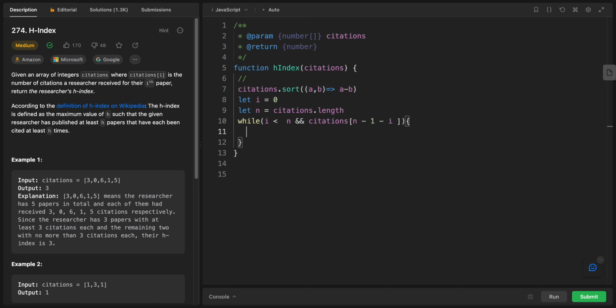While i is less than the length and the citation at this position is bigger than i, we increase i, i plus plus, and we return i.